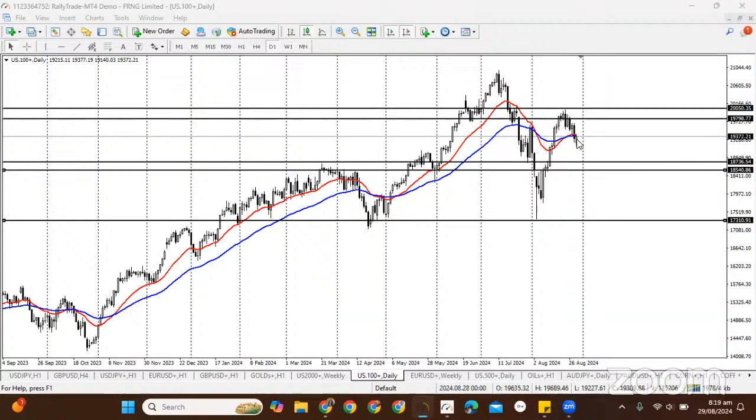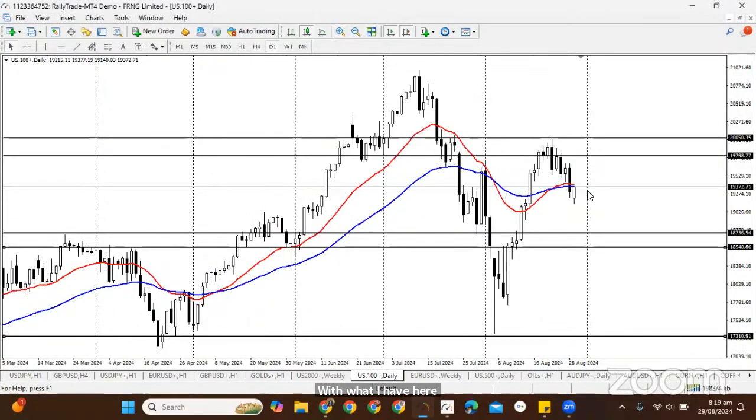So let's continue. Now, with what I have here, price is below the moving average on the daily time frame. It has gone above it, but it's below it. I'm seeing something like a candlestick formation here. But it's till tomorrow before we'll get to know how valid it's going to be.